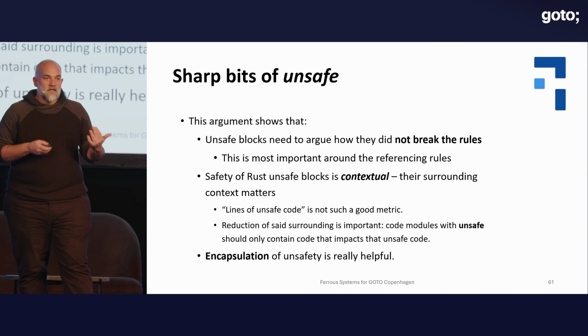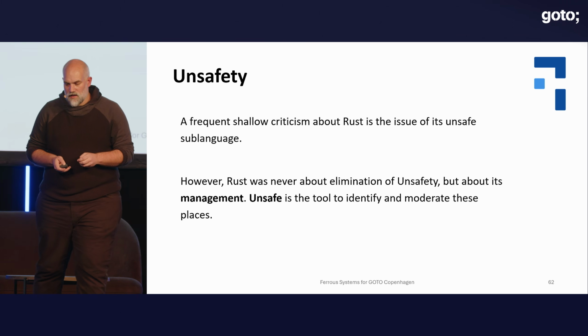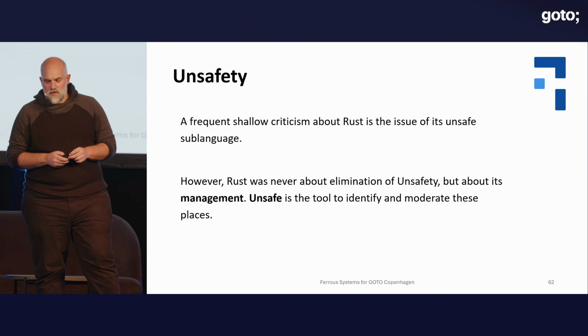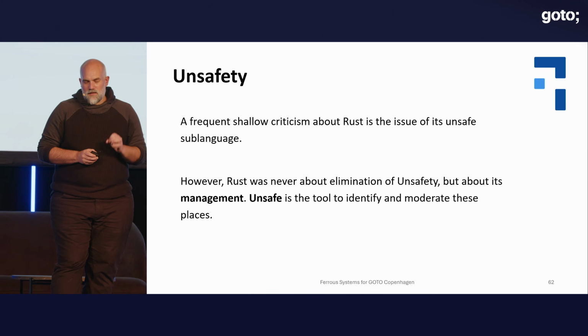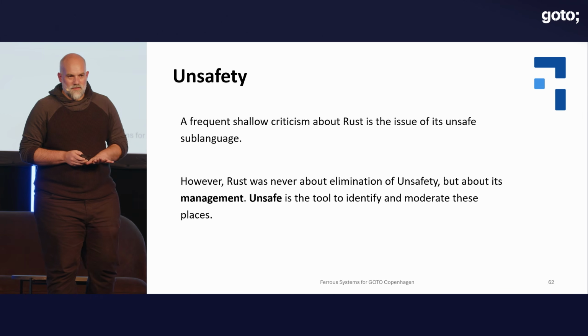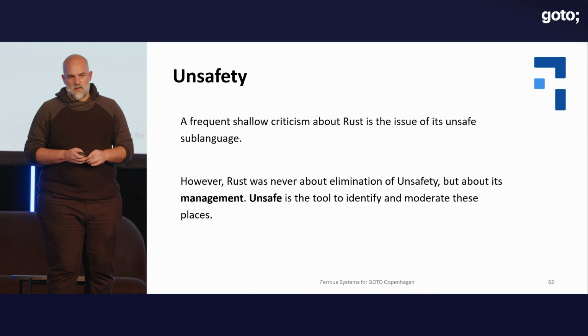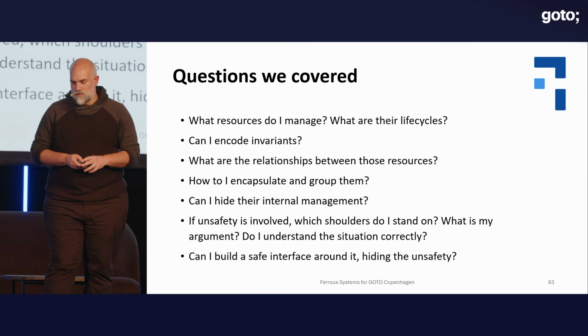So all of these things do impact good software architecture in Rust. It is a frequent criticism of the language that unsafe exists. But Rust was never about removing unsafety from programming. It was always about managing unsafety. And that's why all of these facilities are there, and that's why the strong encapsulation facilities are there.